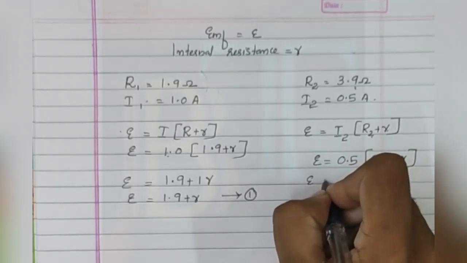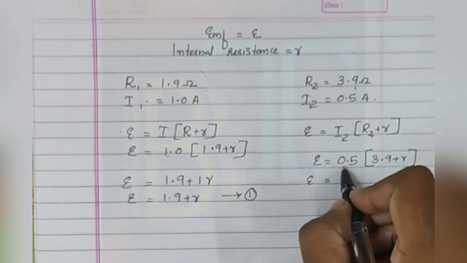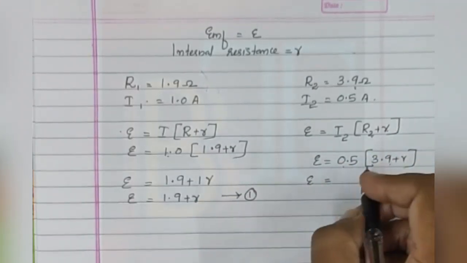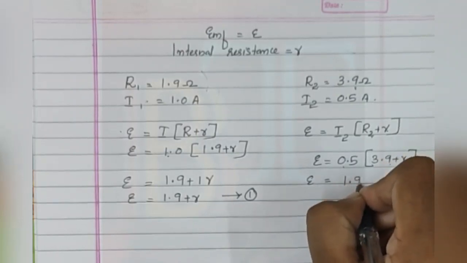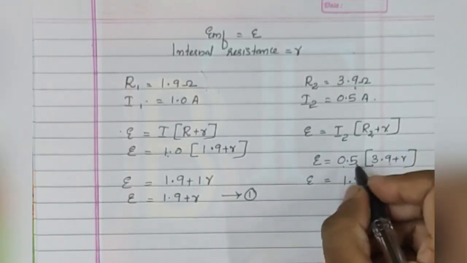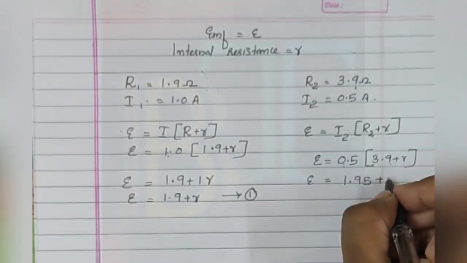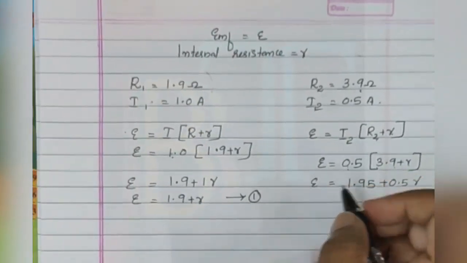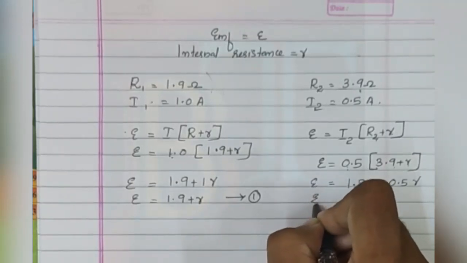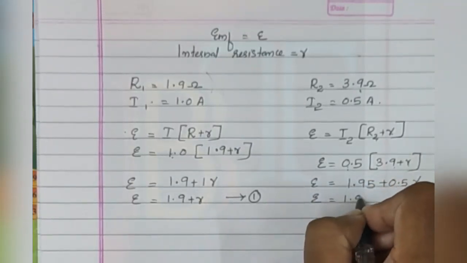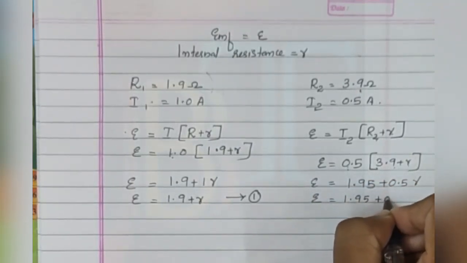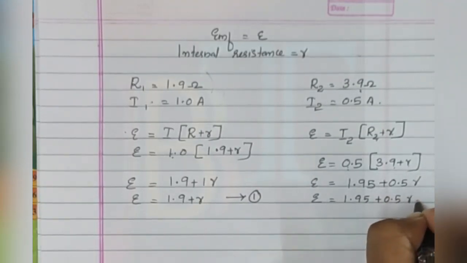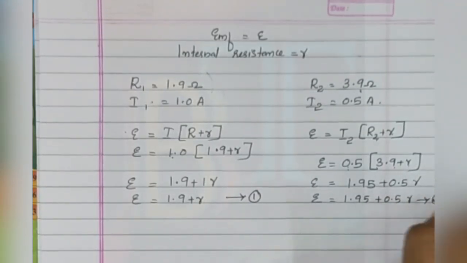So EMF can be written as 0.5 into 3.9 is 1.95 plus 0.5 into r is 0.5 r. So the equation is E is equal to 1.95 plus 0.5 r. Let it be equation 2.